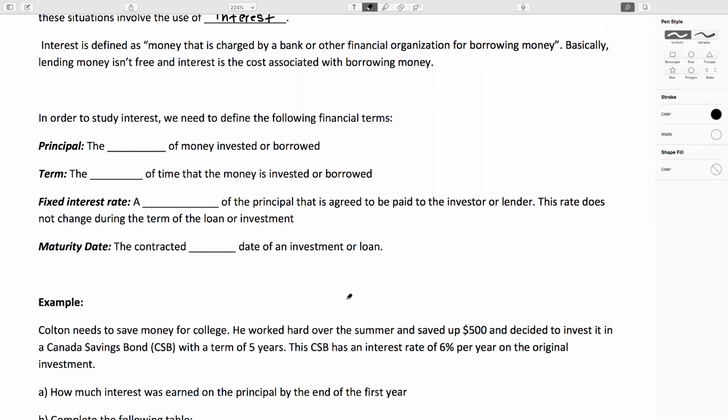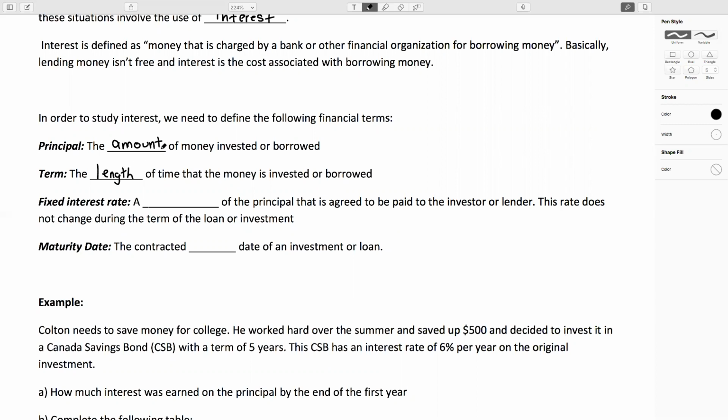Some terms to define. First of all, the principal. Principal is what you call the amount of money that you borrowed. So if you borrowed $500, you'd have a principal of $500. Term is the length of time that you borrow the money for. This is something you'd agree upon ahead of time.